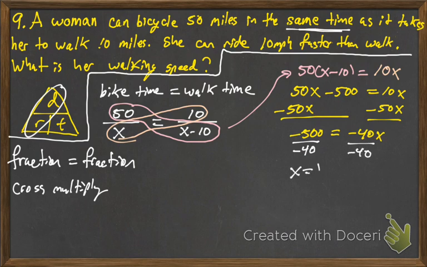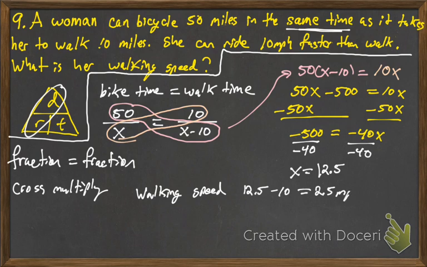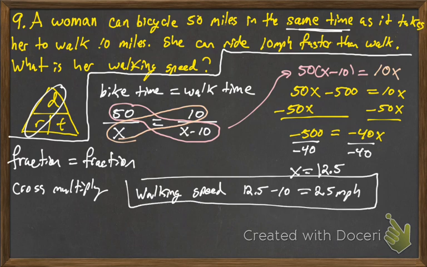And we get x is equal to 12.5. And that is her bike speed. So to find her walking speed, we need to subtract 10 from that. So her walking speed is 12.5 minus 10. So her walking speed is 2.5 miles per hour. Okay.